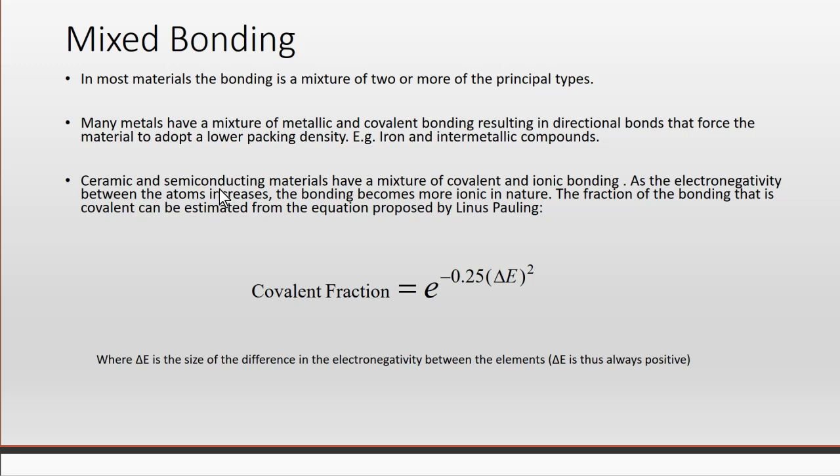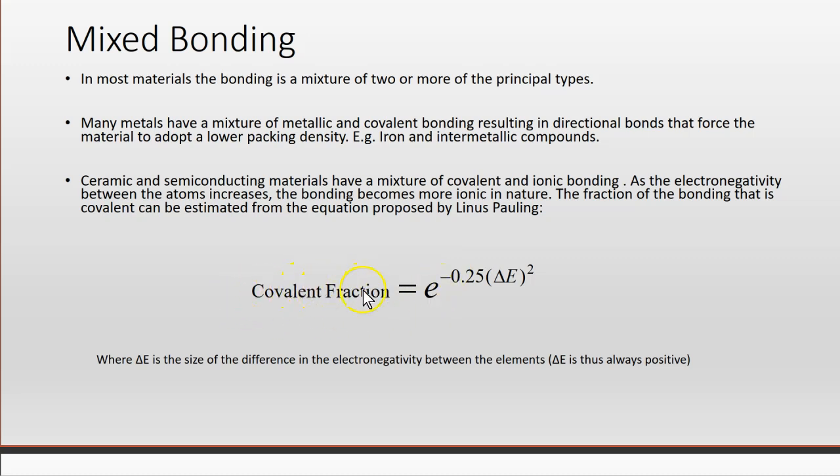In ceramic and semiconductor materials, we can have a mixture of covalent and ionic bonding. The greater the difference in electronegativity between the atoms, the more ionic in nature becomes that bond. The fraction of that bonding that is covalent can be estimated from the following equation as proposed by Linus Pauling.